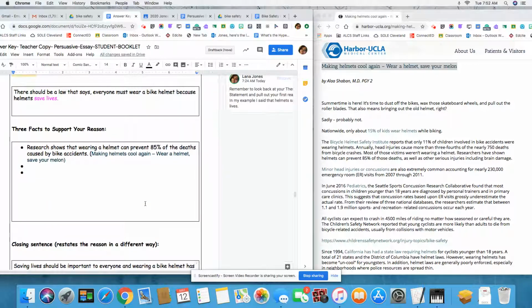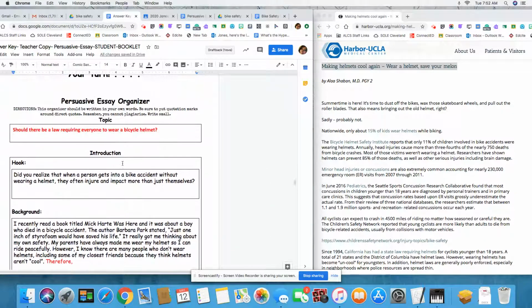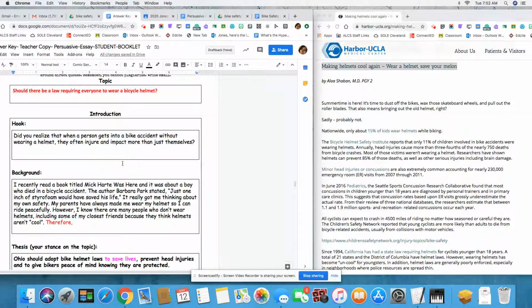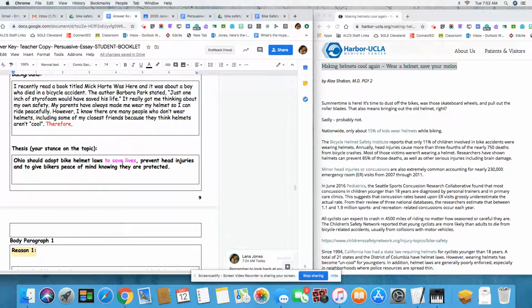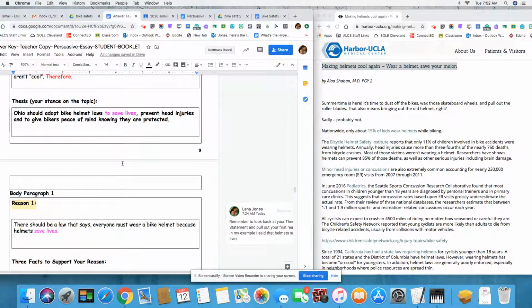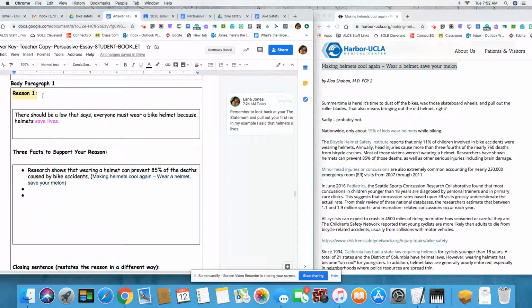So when we go to pull this all together, just like we copy and pasted from the top part for our thesis yesterday, we copied our hook, we put it with the background, and then we copied our thesis. And then together that made up our entire paragraph. That's what you're going to be doing with your body paragraph 1.